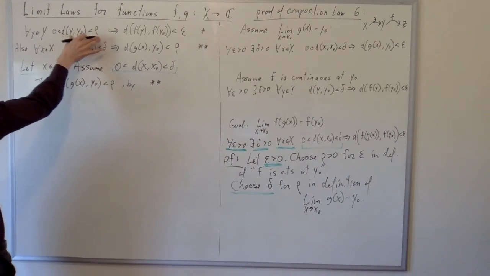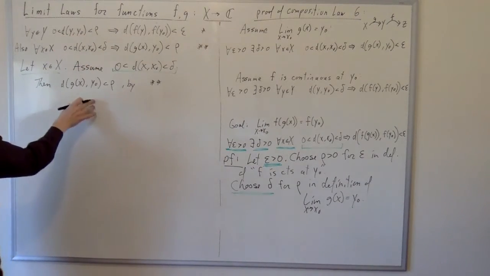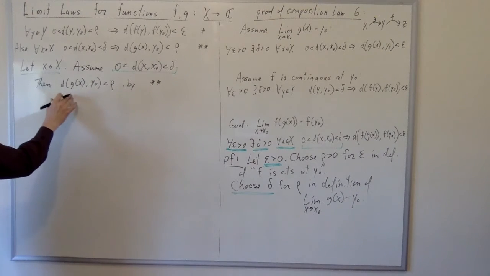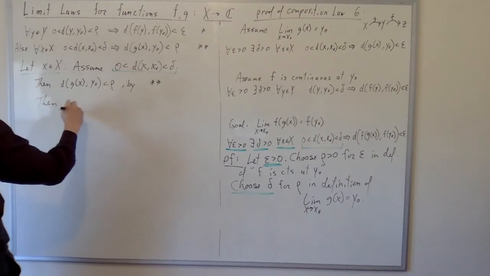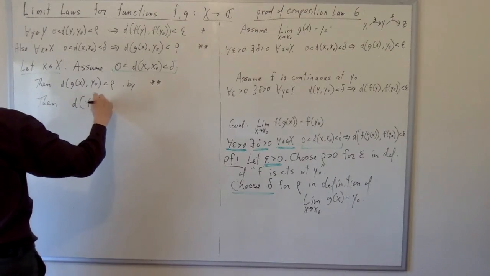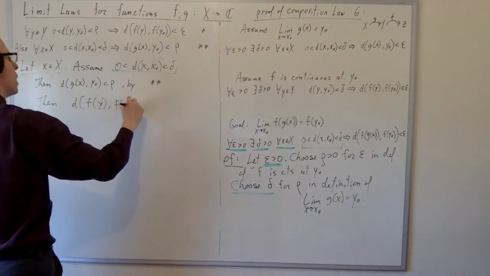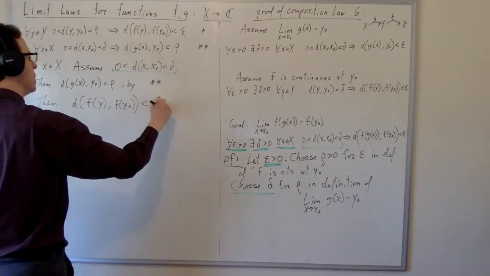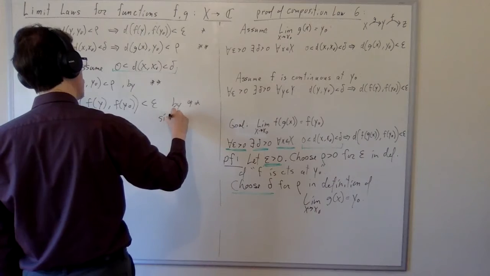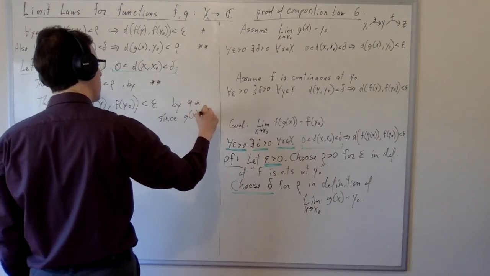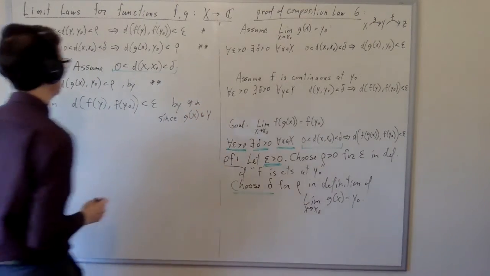And that means that we can chain together this implication here. So what we know then is that the distance between f of y and f of y naught then must be less than epsilon by star. And the basic reason here is that g of x is in the metric space y.